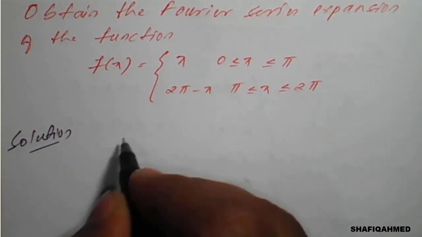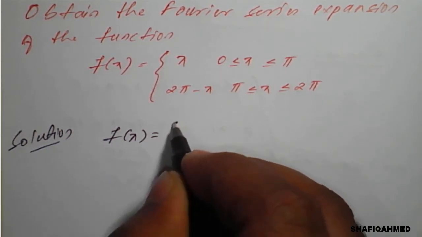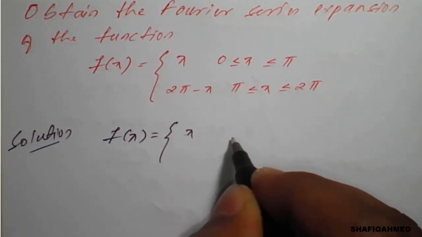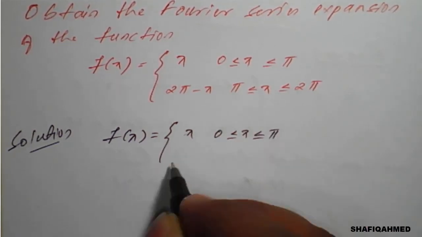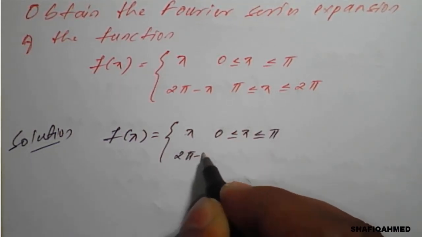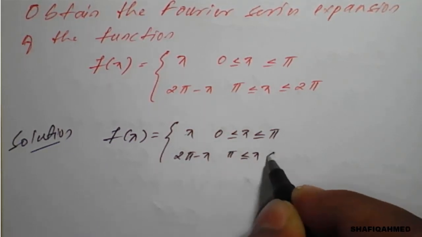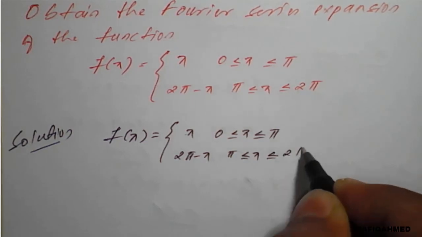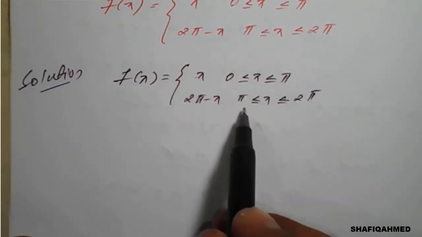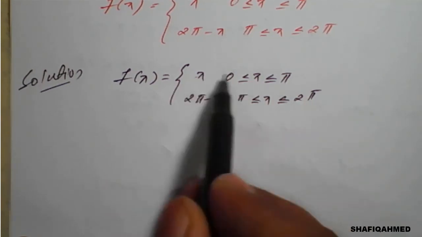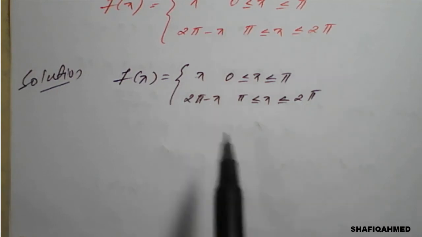First we collect the given function, that is f of x is equal to x in the interval x greater than or equal to 0 and less than or equal to pi, and 2 pi minus x for x greater than or equal to pi and less than or equal to 2 pi. So we have two intervals here, 0 to pi and pi to 2 pi. For 0 to pi we have x, and for pi to 2 pi we have 2 pi minus x.